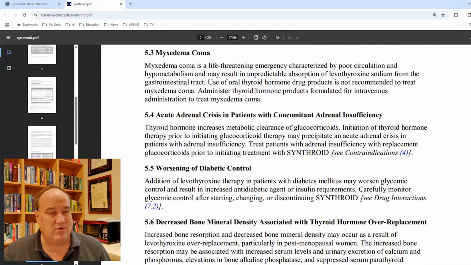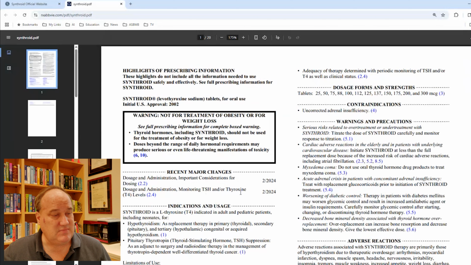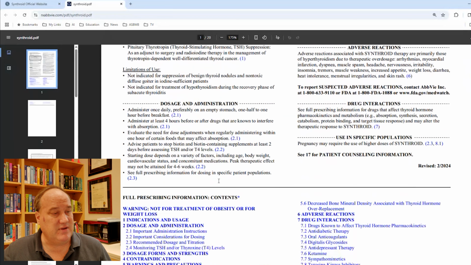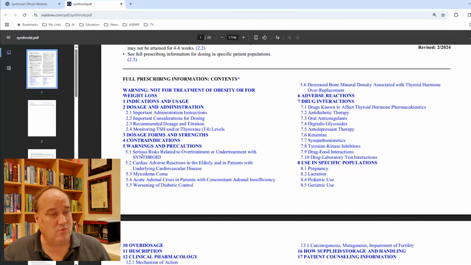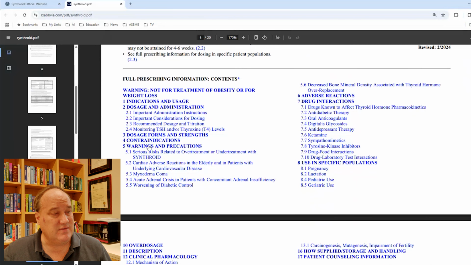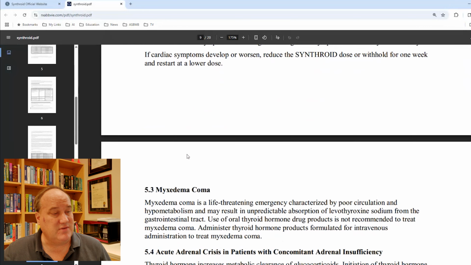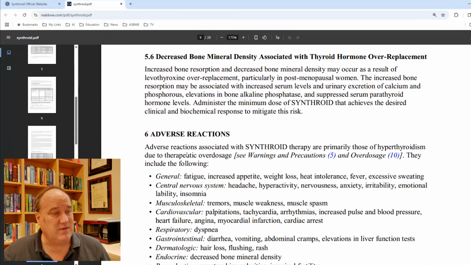And so thyroid hormone increases metabolic clearance of glucocorticoids, and initiation of thyroid hormone therapy prior to initiating glucocorticoid therapy may precipitate an acute adrenal crisis in these patients. So that's important there. And so then if we go to warnings and precautions, this tells you really all the information under warnings and precautions right there.